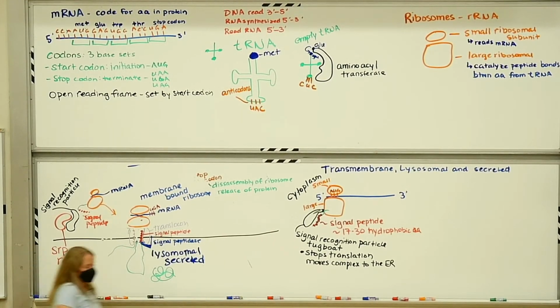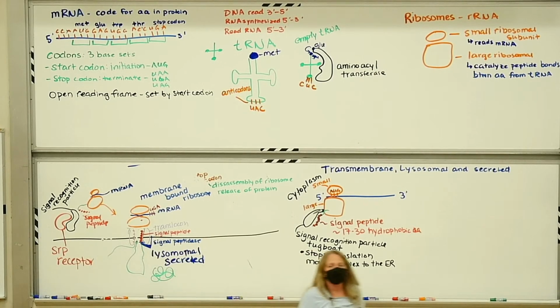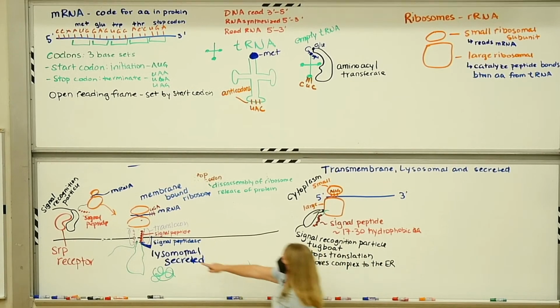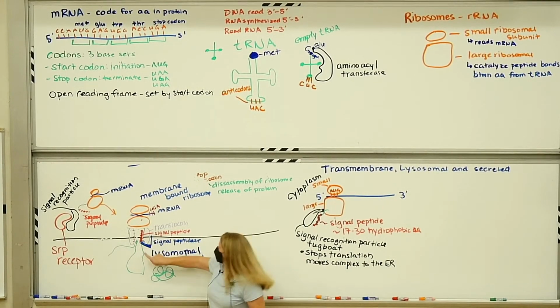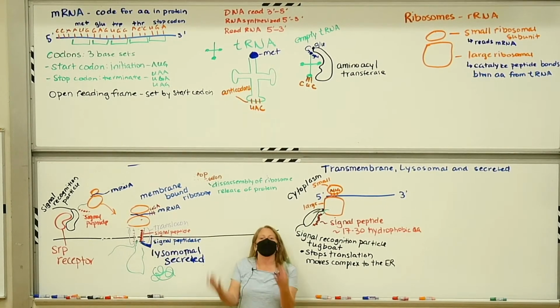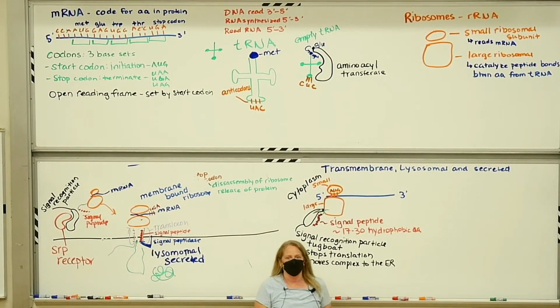Anything else? Yes. So after the signal peptide is stuck to the translocon, the protein gets pushed over to the lumen? So when we cut off this signal peptide here with the signal peptidase, yes, then this portion just kind of falls in, and the entire protein is now in the lumen of the ER. Yeah.